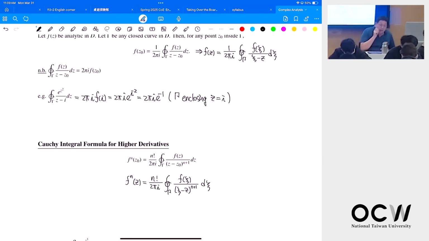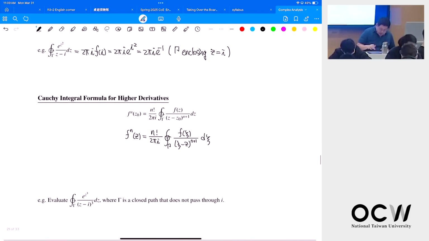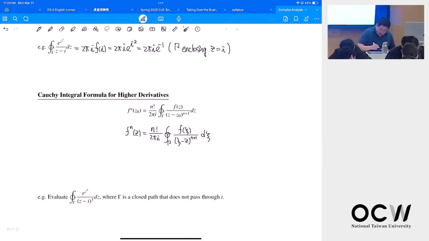Let's do this example. For the circular integration, this is your complex function, and tau is the closed path that does not pass through i.